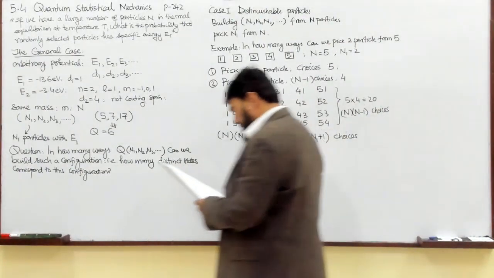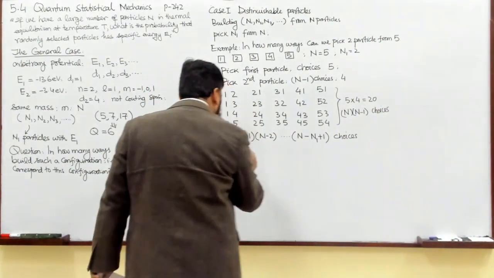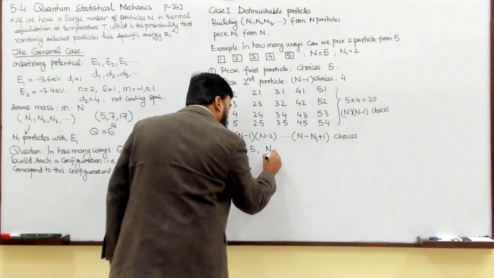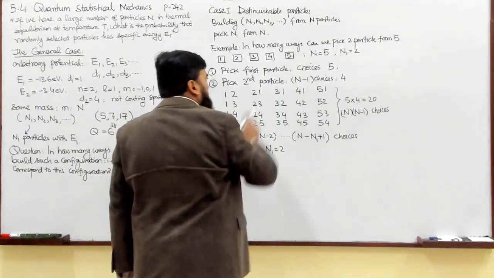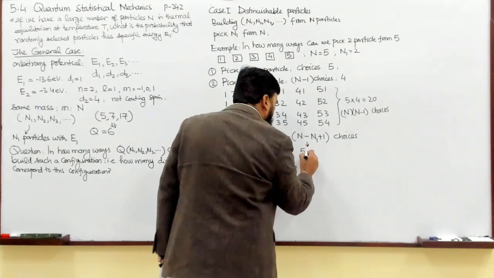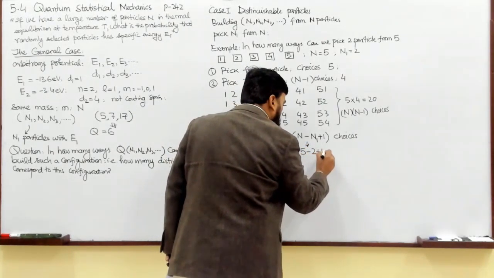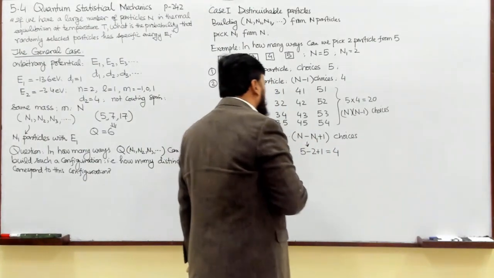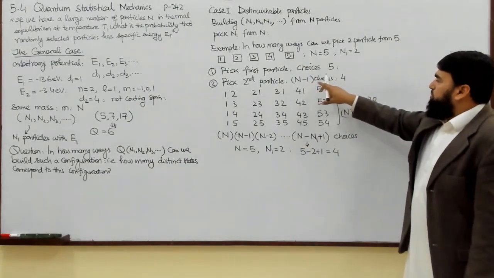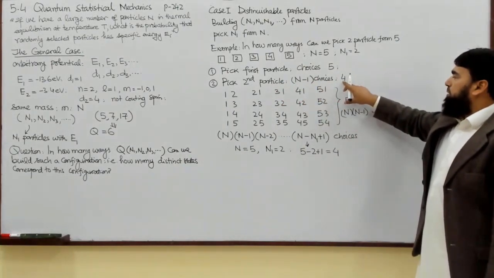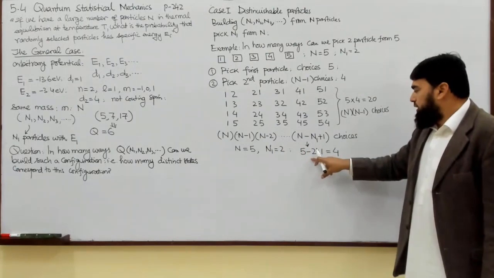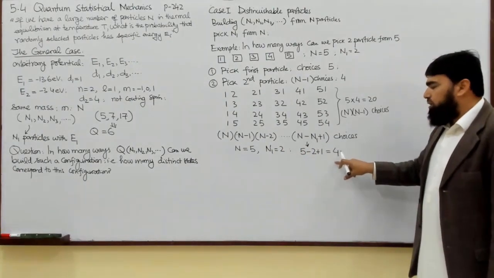When n is equal to 5 and I pick 2 particles, we get 5 minus 2 plus 1, so 4 choices for the second particle.